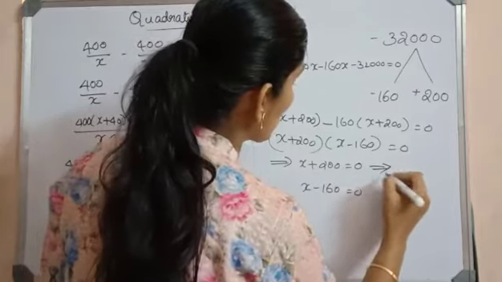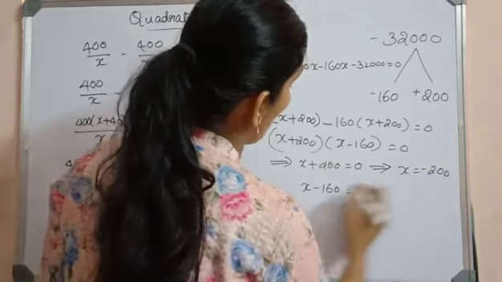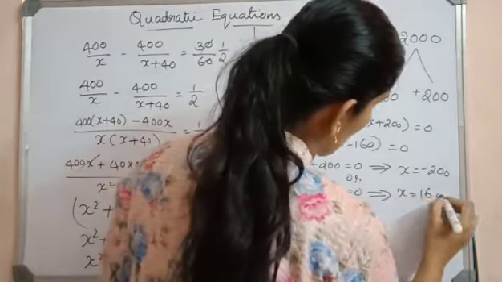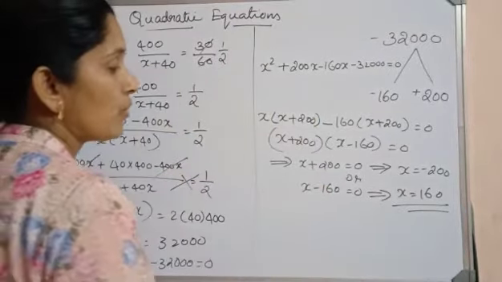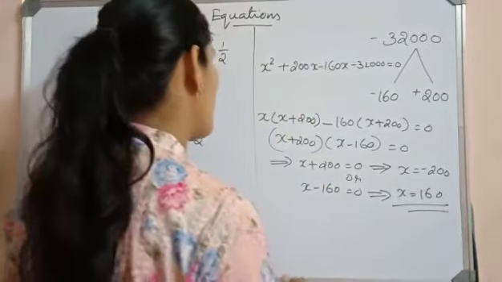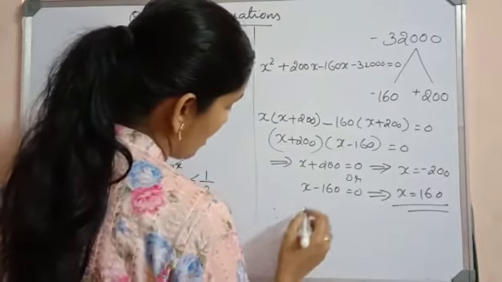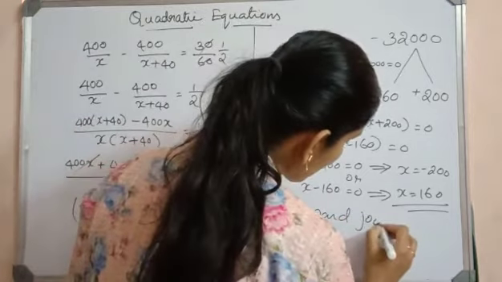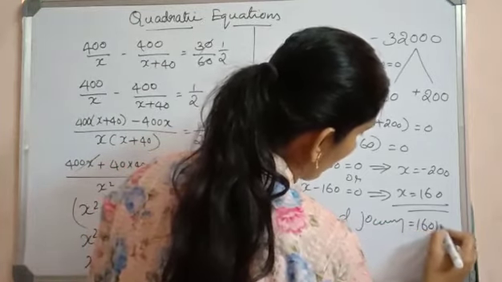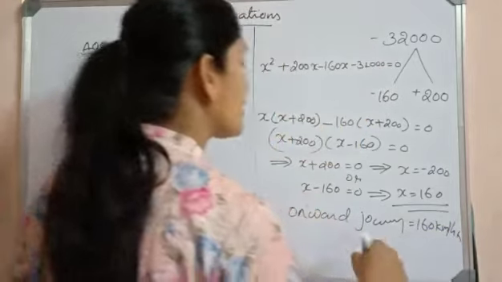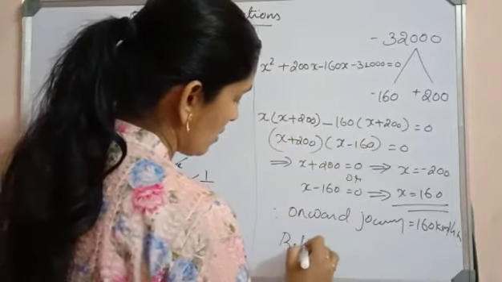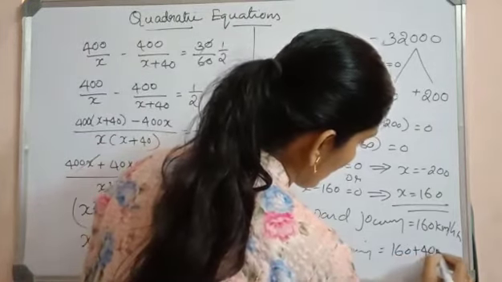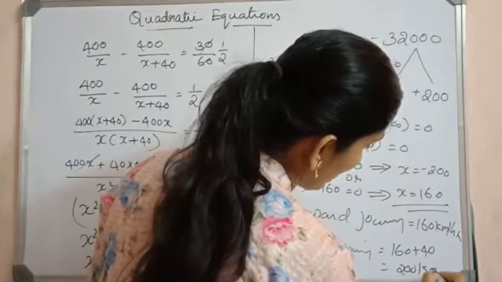So x is equal to minus 200, or x is equal to 160. Here the speed cannot be negative, so we have to consider x is equal to 160. Therefore, the speed for the onward journey is 160 kilometers per hour, and for the return journey, when the speed was increased, 160 plus 40, that is 200 kilometer per hour.